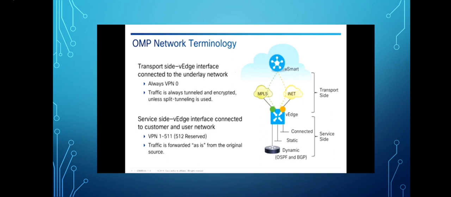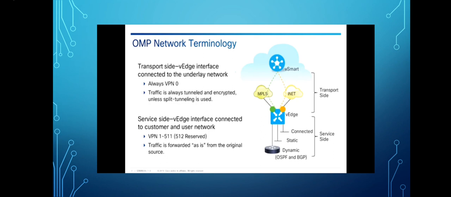So as for the terminology, we've got vSmart in the cloud. Either the connection will be through MPLS or using INET to the vEdge, and later on it will be connected static, dynamic, whichever protocol you will be using for the internal local network. As I've mentioned earlier in the last session about the VPN numbers, we've got VPN 0 which we'll be using.